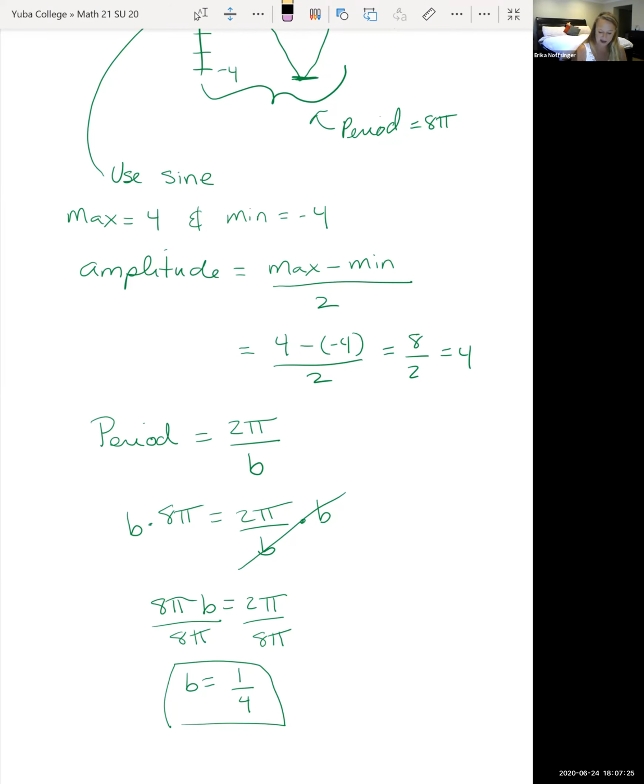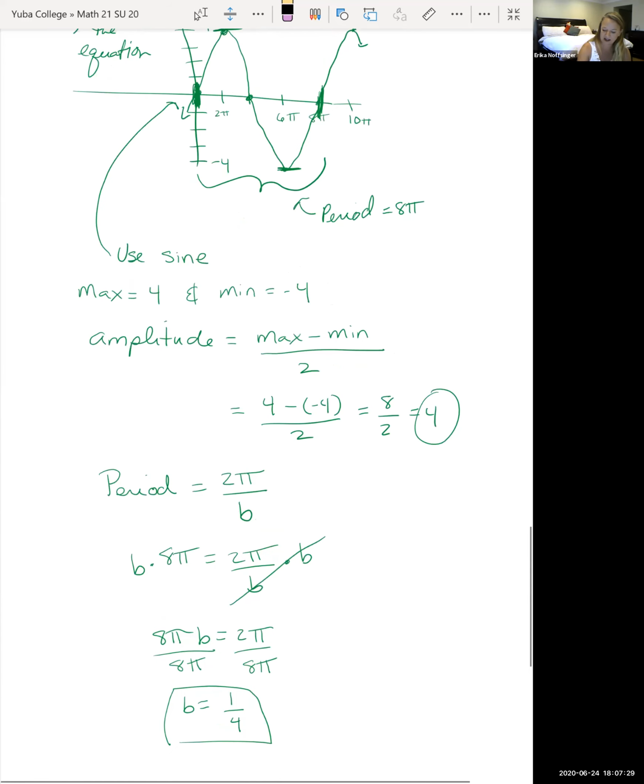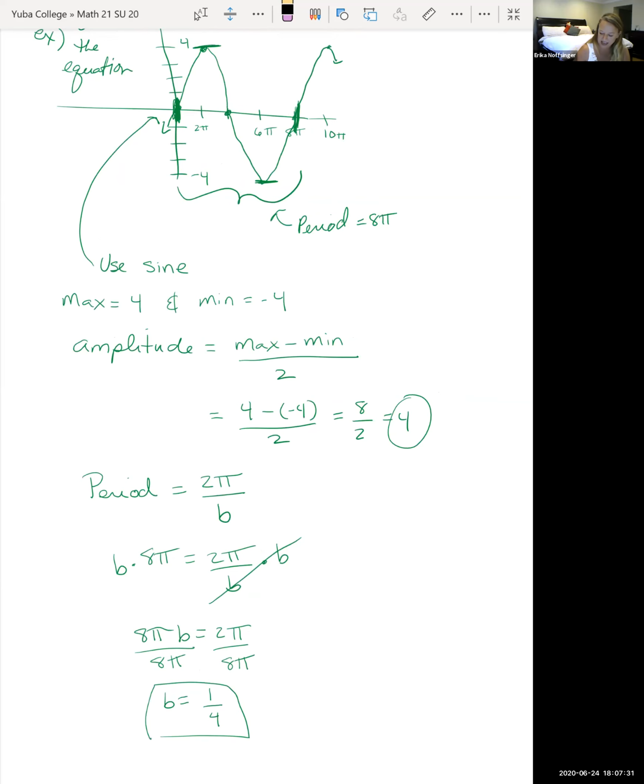We know A, depending on which direction it's going, we're starting and going upwards, so I know my A value is +4. And we decided to use sine.